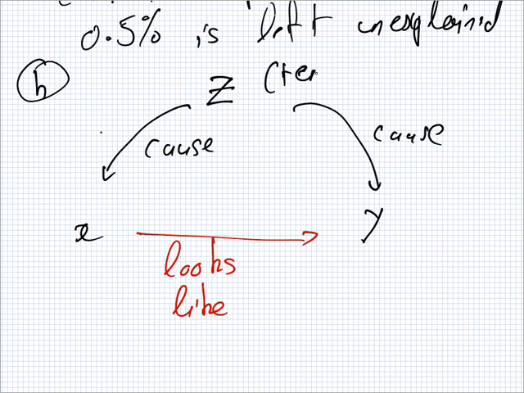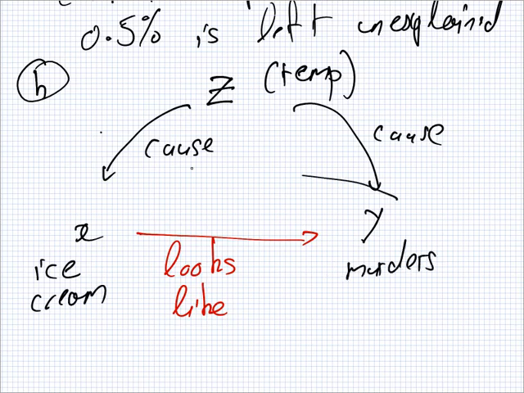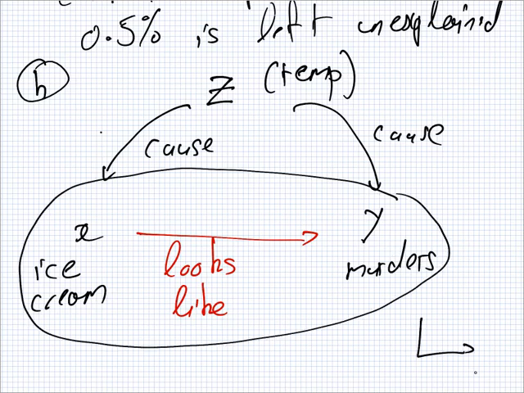When the temperature is really hot, you get more ice cream, but you also get more murders. So if you only looked at x and y, it looks like as the ice cream sales go up, the murders go up as well. But of course that's not what's happening. Increased ice cream does not cause increased murders. The z is causing both the x and the y to go up and down together.